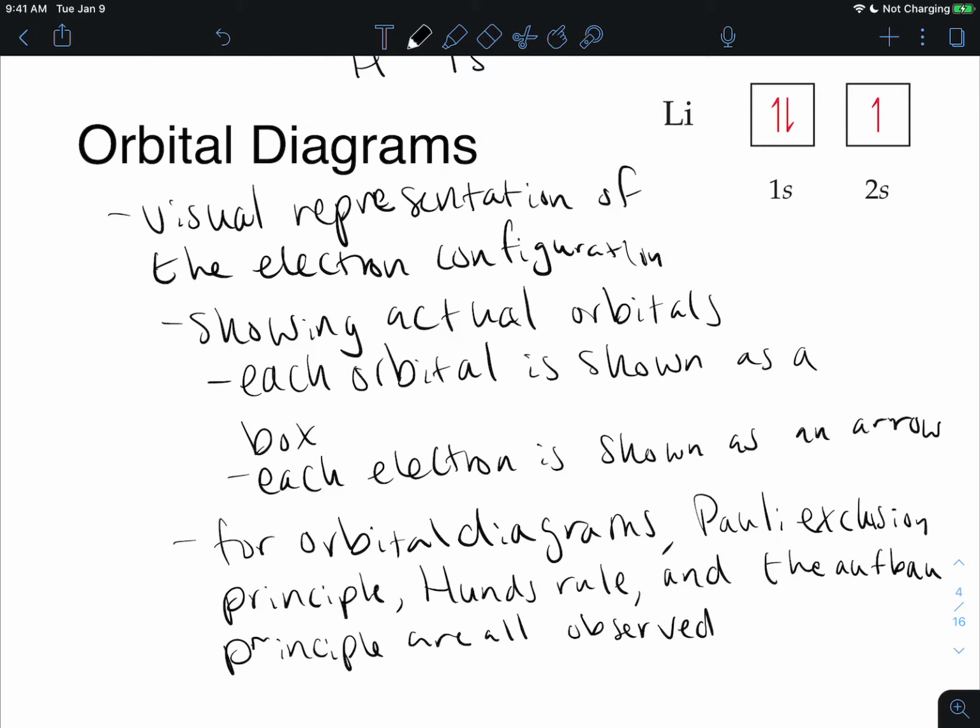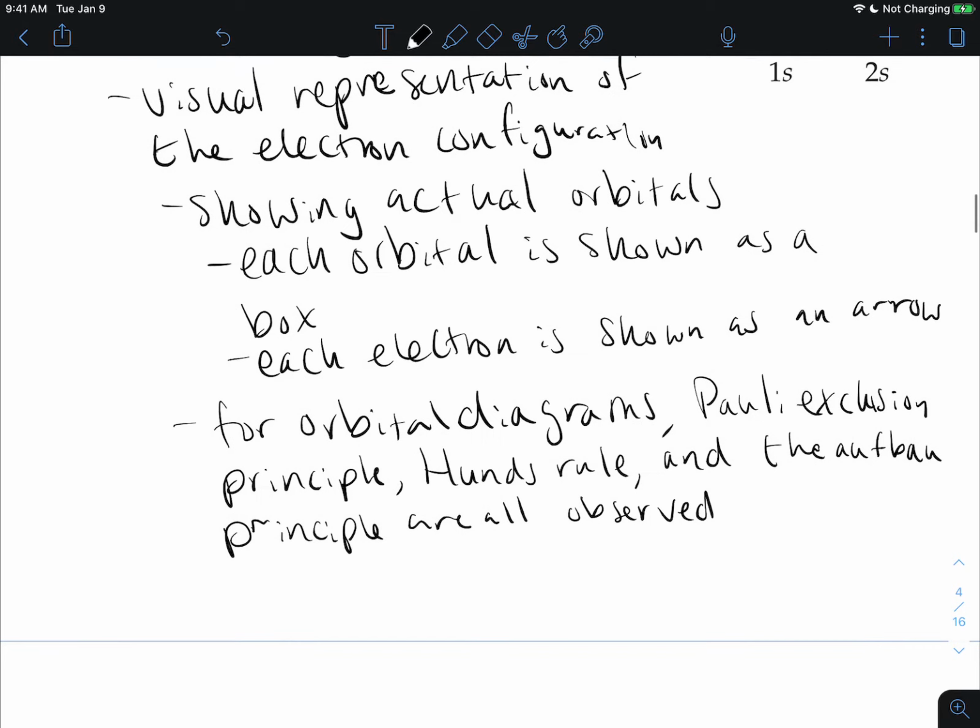And we've already gone over Pauli exclusion principle. With Pauli exclusion principle, we can't have two electrons with the same spin. So when we have something like helium, it has a 1s subshell, 1s orbital. So we are going to put our electrons in one spin up, one spin down to satisfy Pauli exclusion principle.